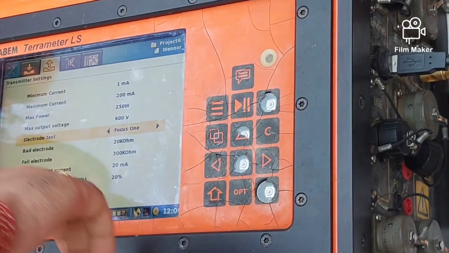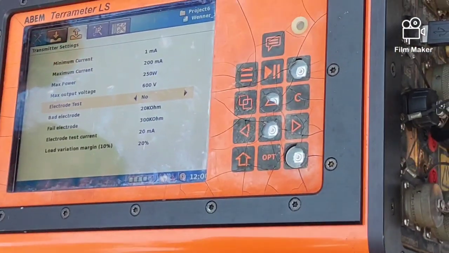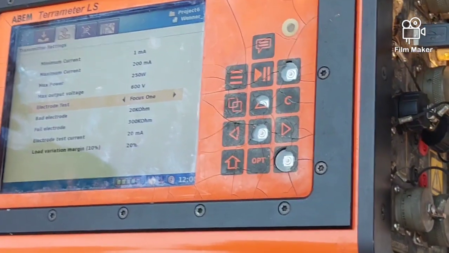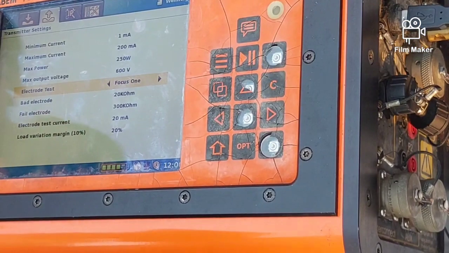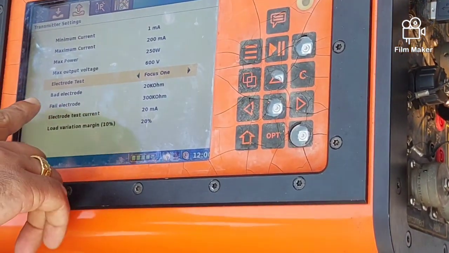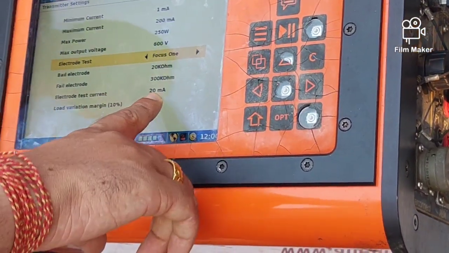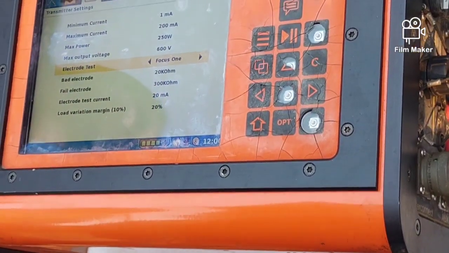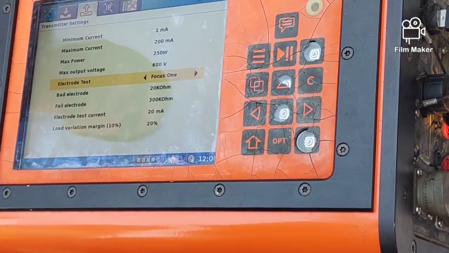This is the main thing, the electrode test. Here you can choose to test the electrode as no or focus one. No means it will not check the electrode. If you choose focus one, it will initially send a 20 milliampere current to each electrode and see whether it passes into the subsurface layer or not.